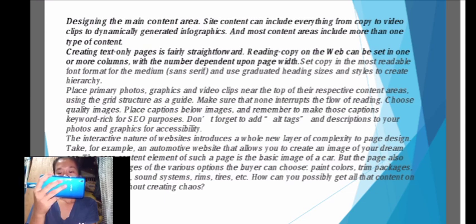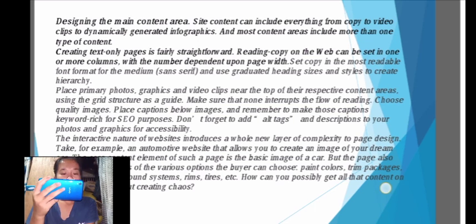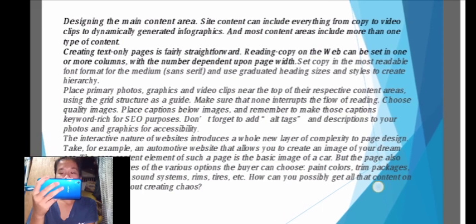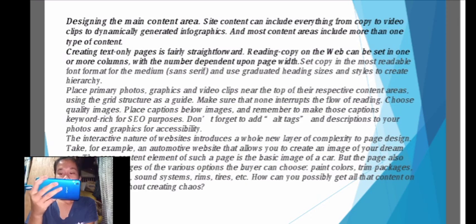But the page also must include images of various options the buyer can choose: paint colors, trim packages, interior packages, sound system, rims, tires, etc. How can you possibly get all that content on a single page without creating chaos?